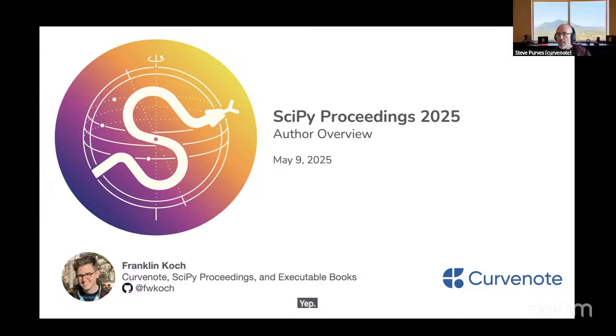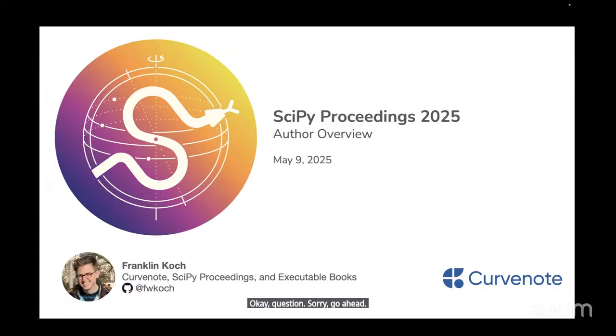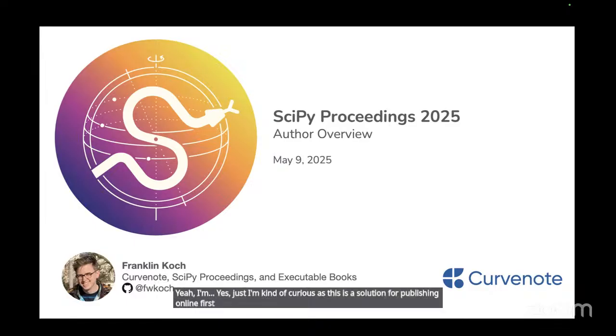Okay, yeah, question. Sorry, go ahead. I'm curious, since this is a solution for publishing online-first interactive papers, what does the space look like? Is this the only solution that is open source?